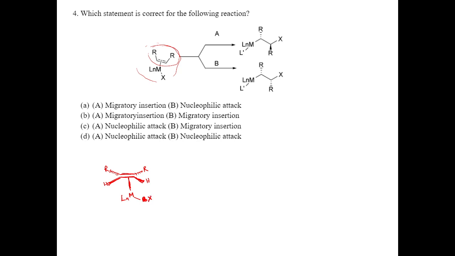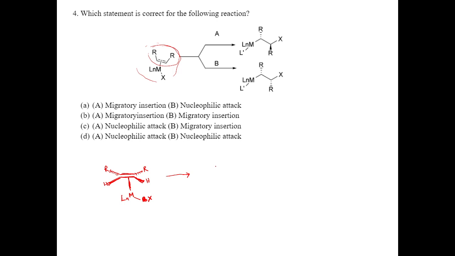So this is X actually. Now if it is a migratory insertion reaction, that means this will bind to this, and eventually it will do a concerted type of thing, right?